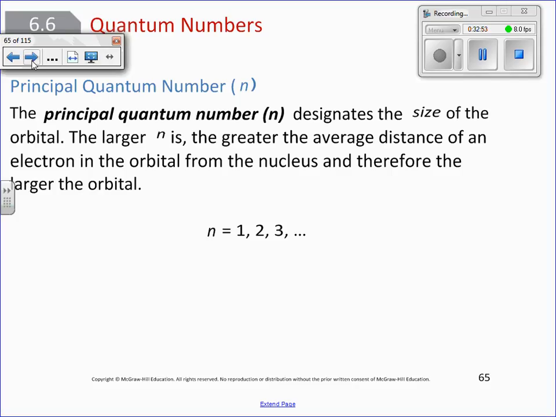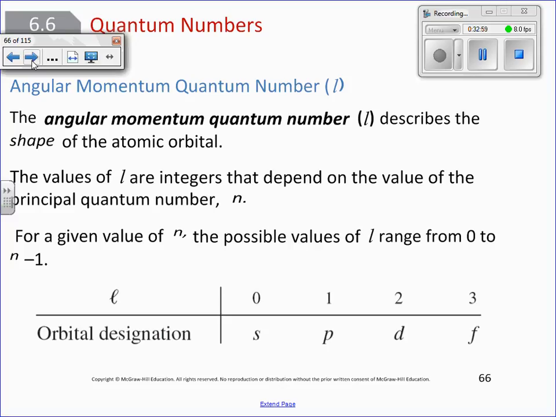The angular momentum quantum number describes the shape of the atomic orbital. So this is L. It goes from 0 to n minus 1. So when n is 1, what is L going to be? 0.